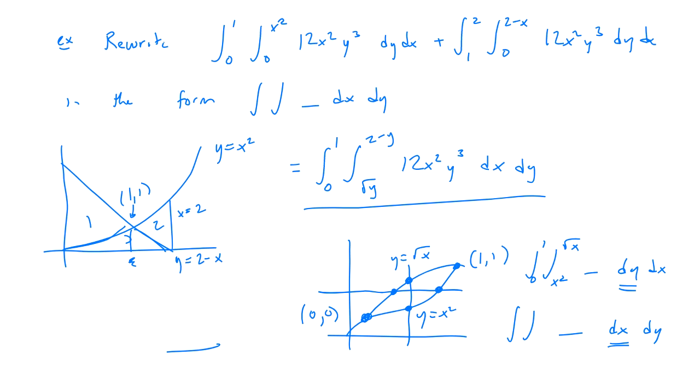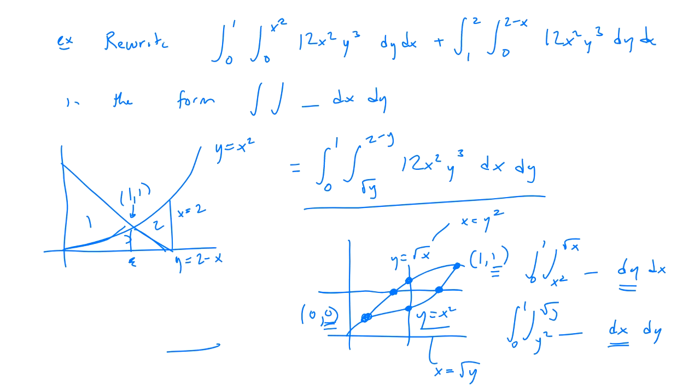Now the function on the left is y equals square root of x, but I have to solve it in terms of x, so I get x equals y squared. On the right, I hit y equals x squared, which again I have to solve in terms of x. And now I'm looking at what values of y that's true for, which is that whole region, so y goes from 0 to 1.